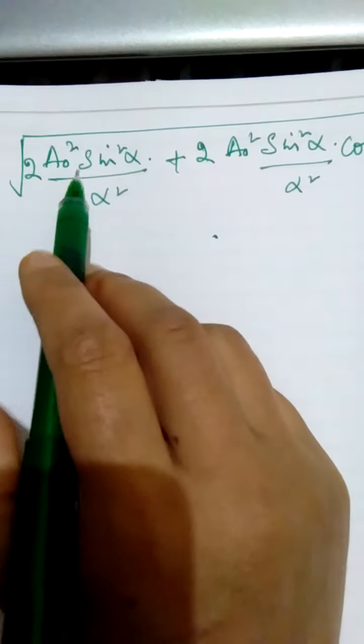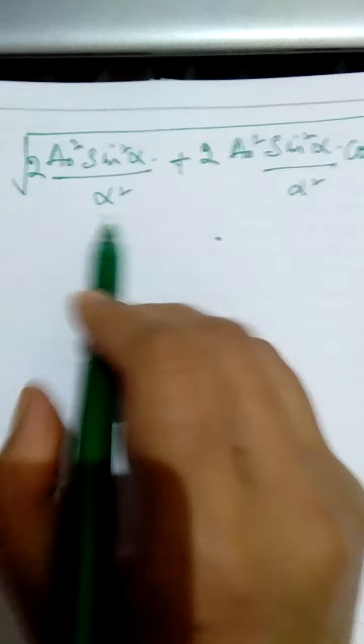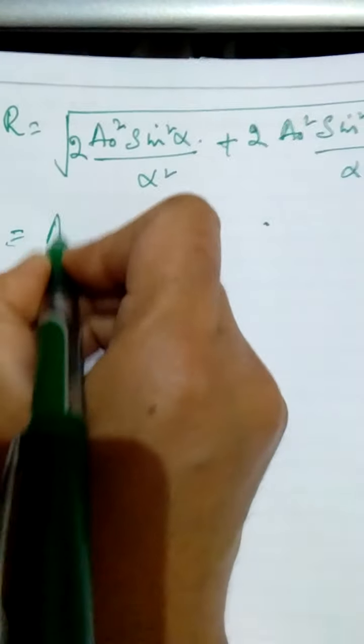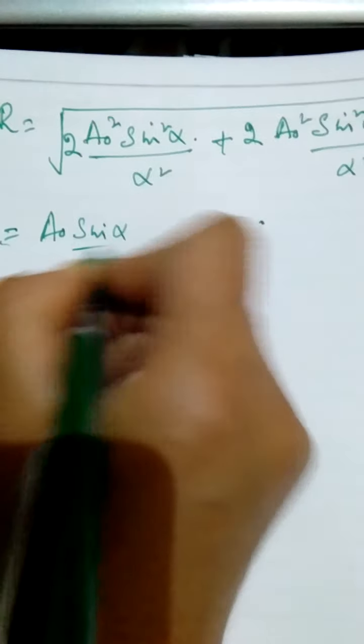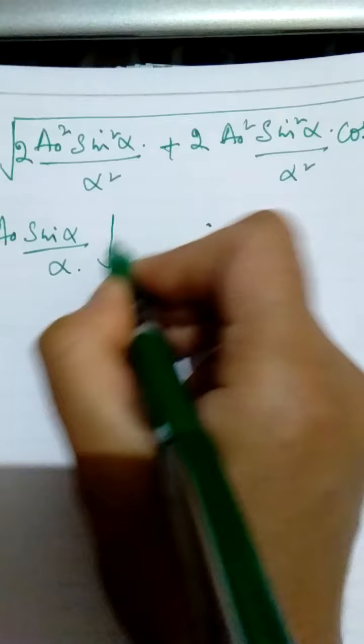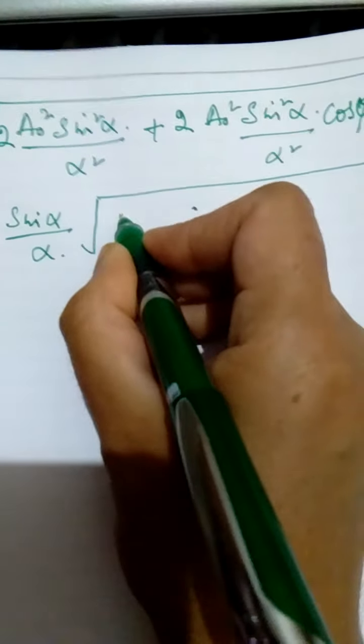Now we can take this factor common, A naught squared sin squared, so it comes out as A naught sin alpha by alpha, right? And inside we are left with how much? We are left with twice 1 plus cos of phi, right?